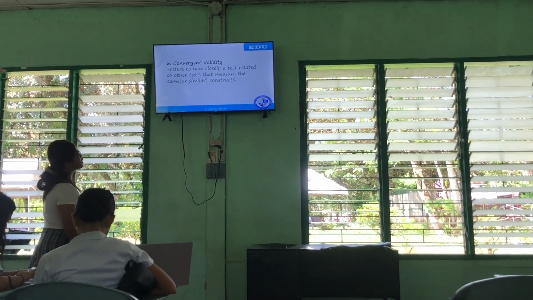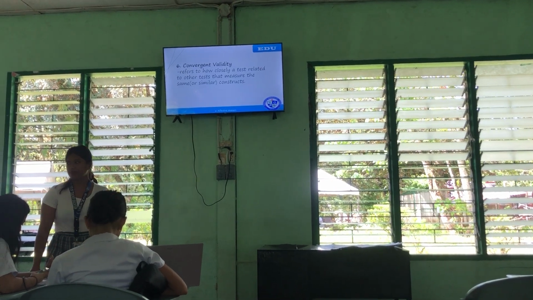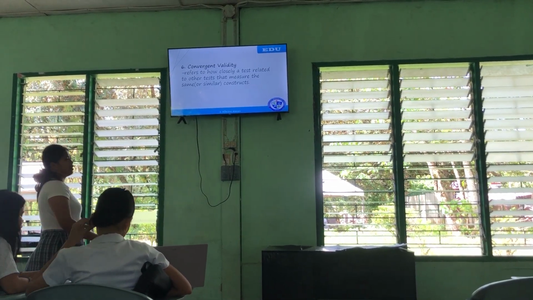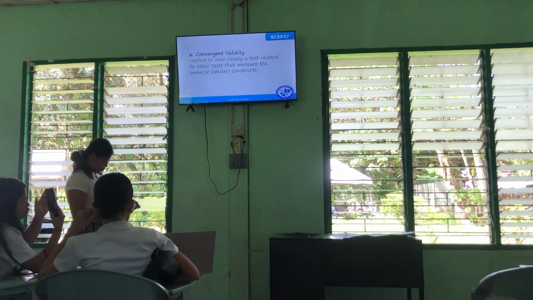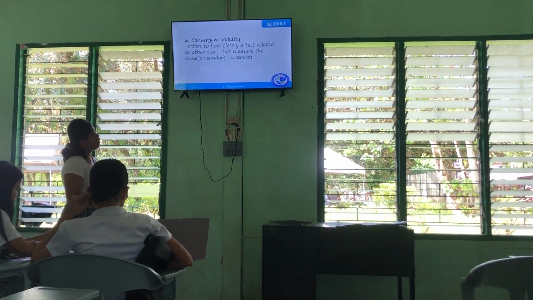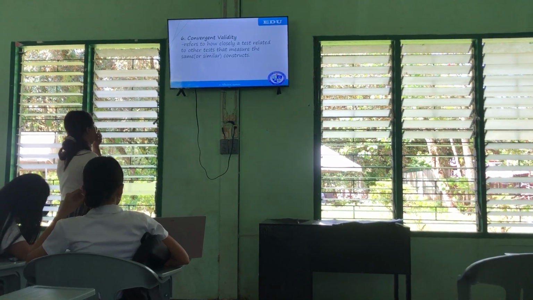Next, we have convergent validity. Convergent validity refers to how closely a test is related to other tests that measure the same or similar constructs.